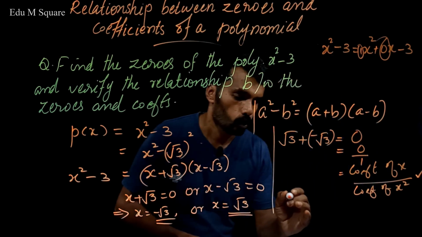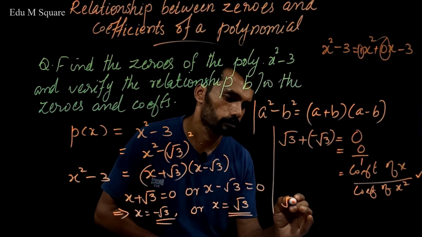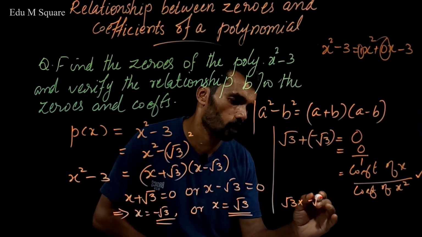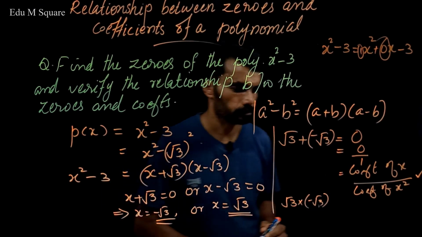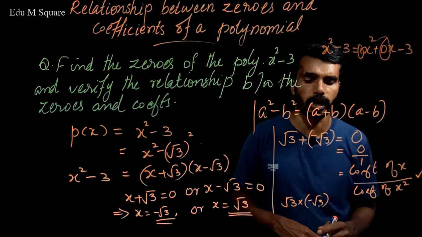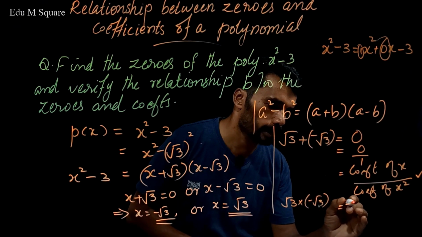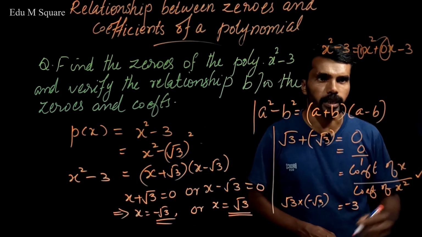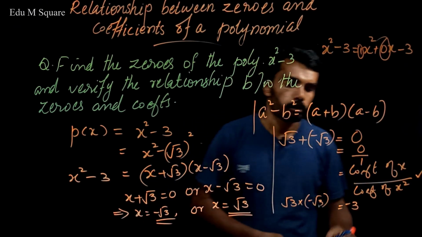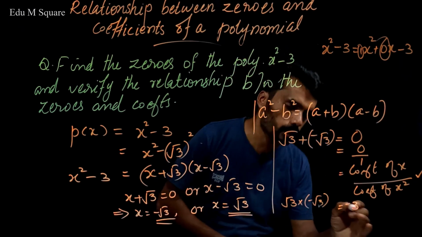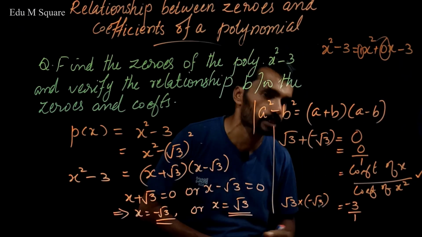Second, root 3 into minus root 3 is equal to minus 3. What is minus 3 here? Minus 3 is the constant term, and it can be written as minus 3 by 1.